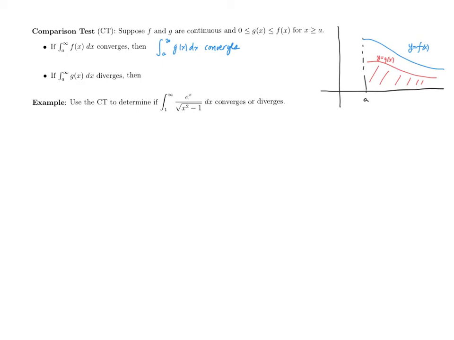Now thinking of the opposite perspective, if the area underneath this red curve is infinite, well, that infinite amount of area under the red curve is also enclosed by the blue curve. So if the improper integral of the smaller function diverges, then the same must be true of the larger.